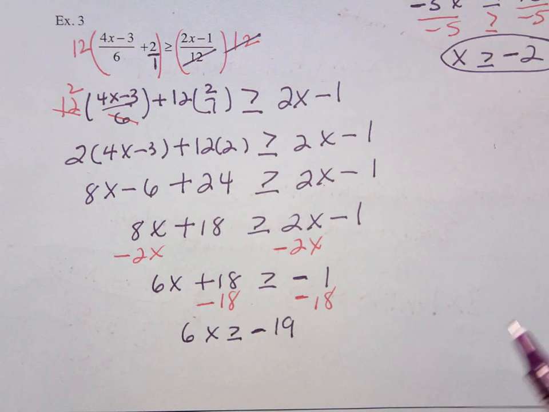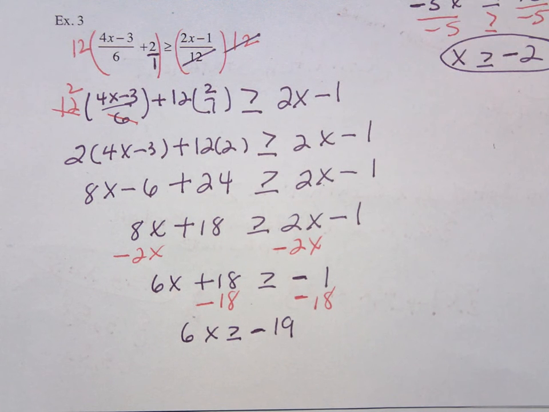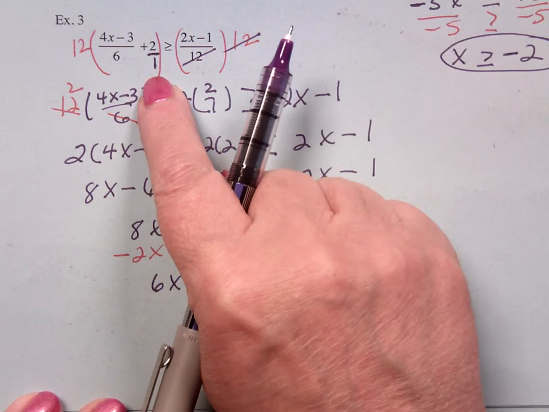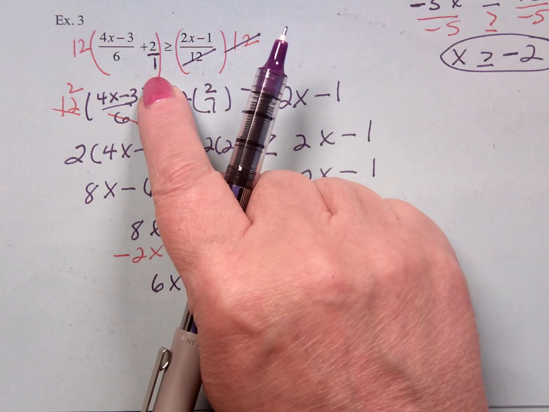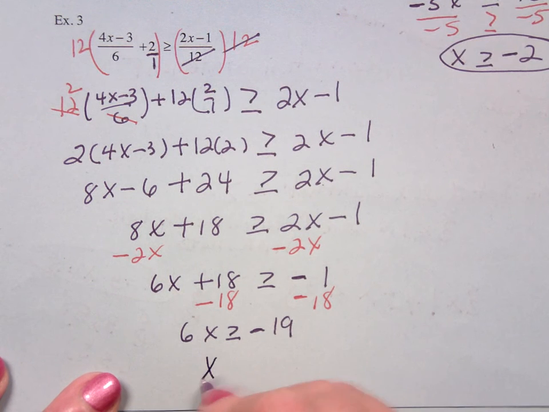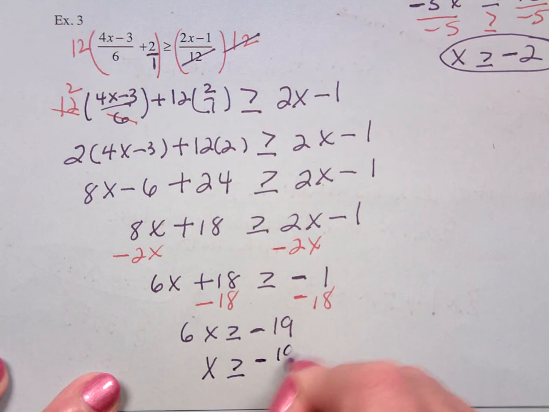Only now in intermediate algebra you're going to come up with crappy numbers. Didn't we simplify the 12 to a 2, so would it be 4 instead of 18? No, because he had a denominator of 1. Okay. And so x is greater than or equal to negative 19 over 6.